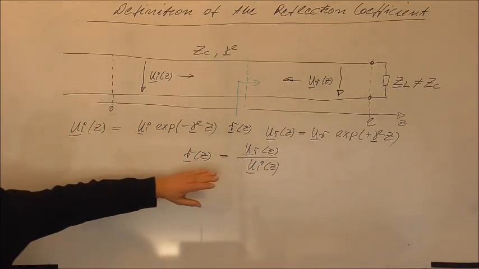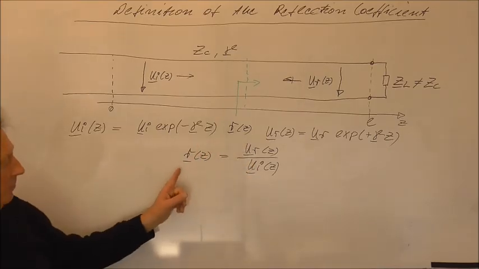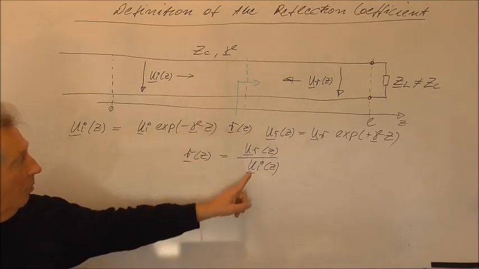So this is the definition of the reflection coefficient at an arbitrary point.